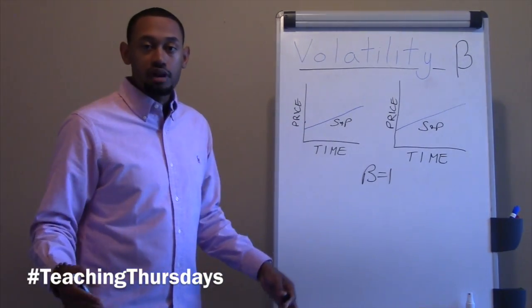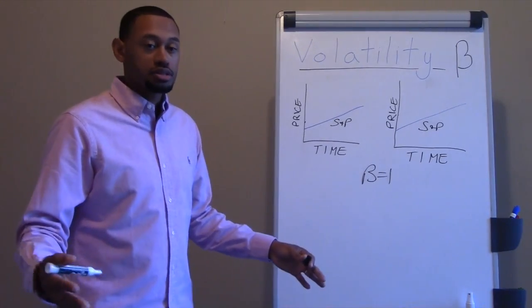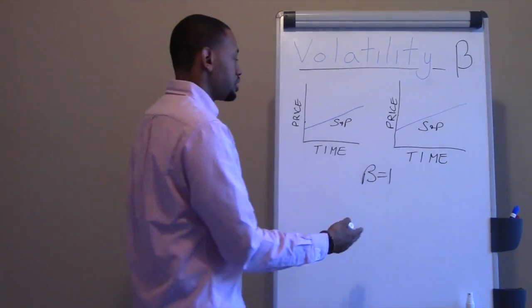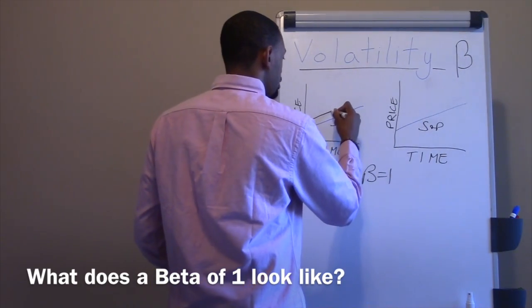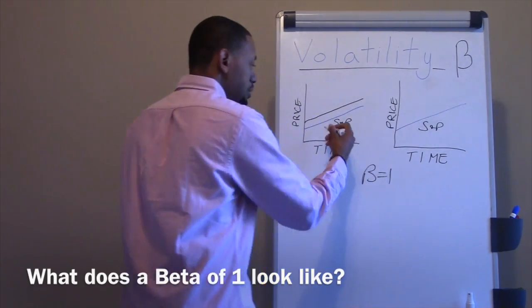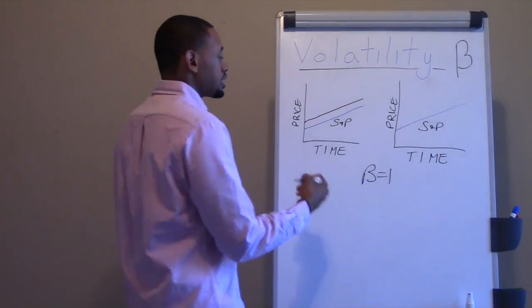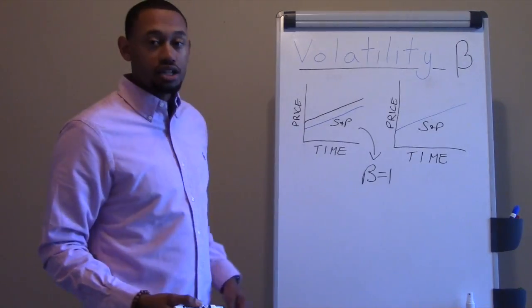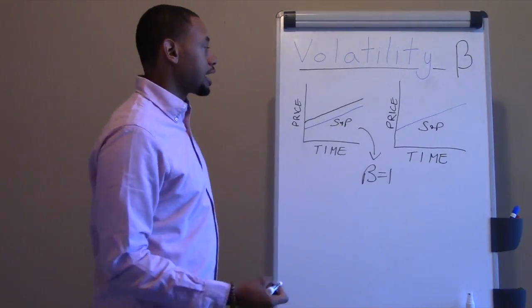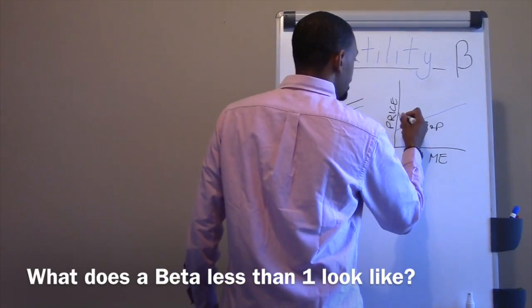Now, we're just using the S&P 500 for teaching purposes, but let's continue here. If we have a stock and let's say the price is gradually increasing like this, same as the S&P 500, then this stock's beta would equal 1 because it's moving in the same fashion. But let's say we had a stock whose price wasn't changing like that.